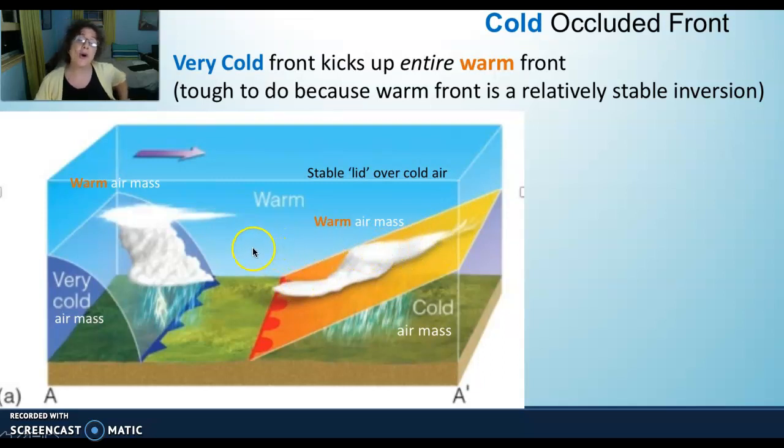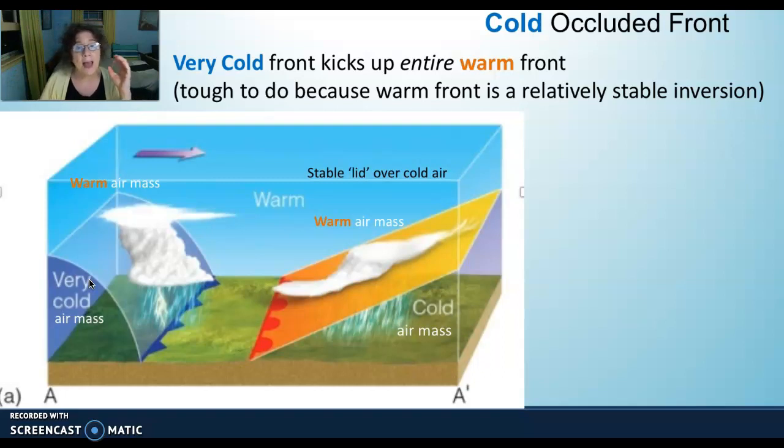And the cold occluded front says, I don't care if it's stable. I have a very cold air mass, which is very dense, and it is just going to kick your warm front up. So it is the Cadillac Escalade cold front on steroids that's going to kick up an entire stable warm front.